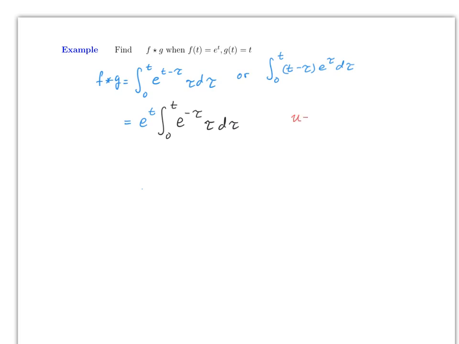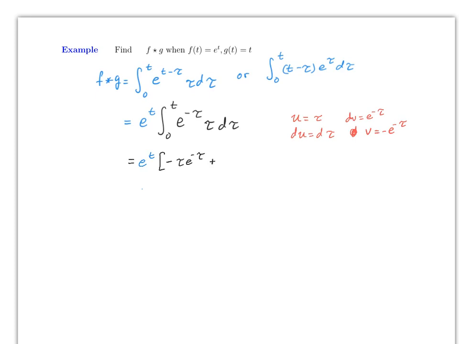Here u will be tau, du is equal to d tau, dv is equal to e to the minus tau, and then v will be equal to minus e to the minus tau. If you plug it into the formula, you will get this. The e to the t is outside. This will be minus tau e to the minus tau.